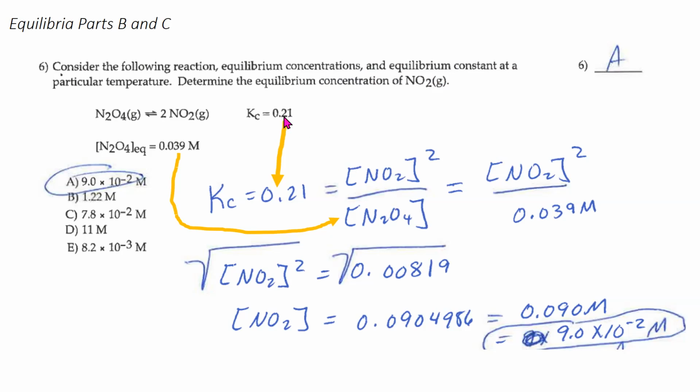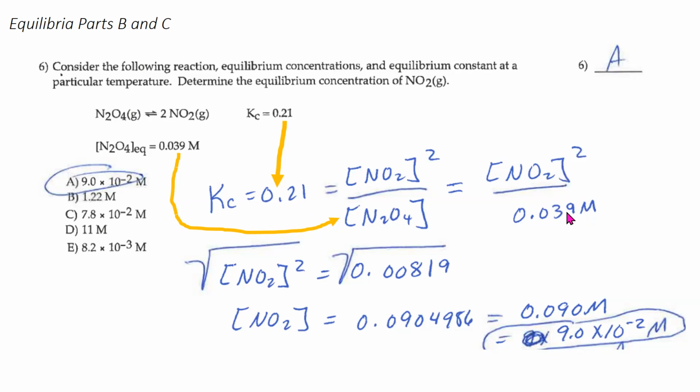So I can do this. They give us the K value, so I'm plugging that in. They've given me the equilibrium value of the N2O4, so I'm plugging that in there. This is where I'm getting this equation: the 0.21 equals the NO2 concentration squared over the 0.039.